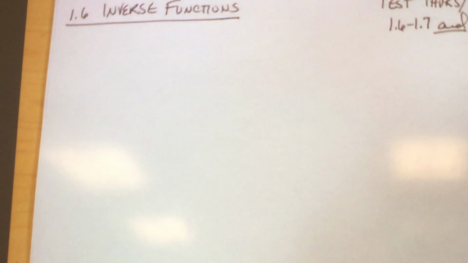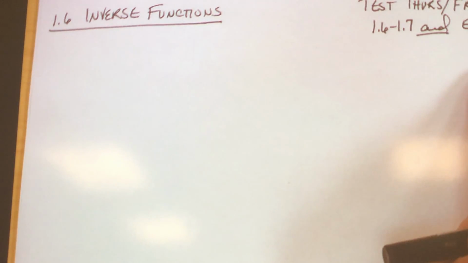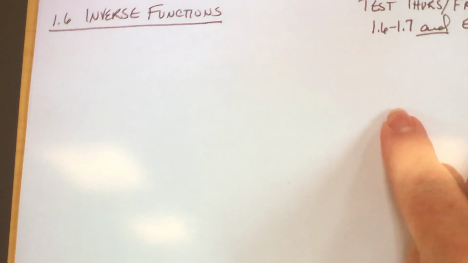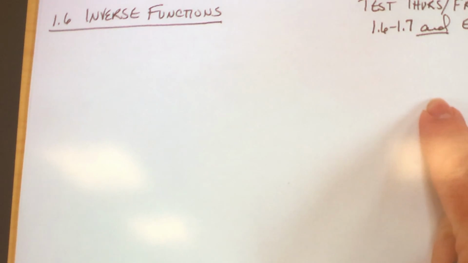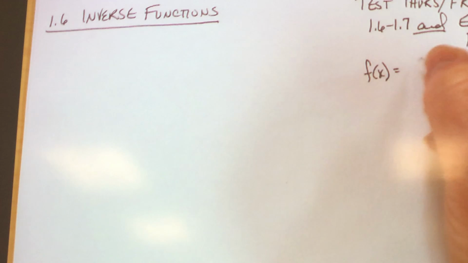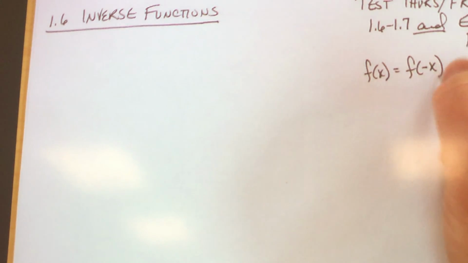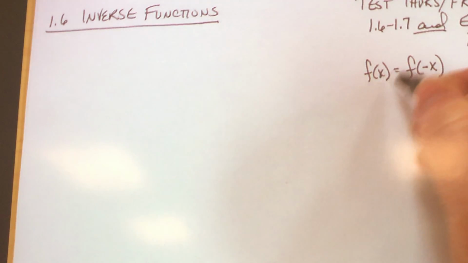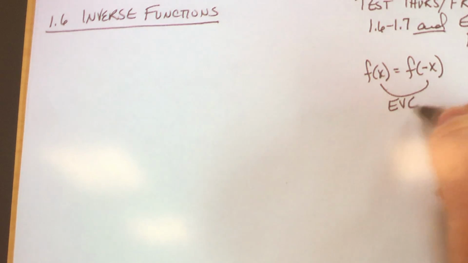Okay, so listen, let's talk about even and odd functions for just 1 second, because I'm not going to go back and reteach this, but it was not on the last test, so I popped it on this test. Okay, so remember, if f of x is equal to f of negative x, what do you know? Even. Yeah, that makes an even function.